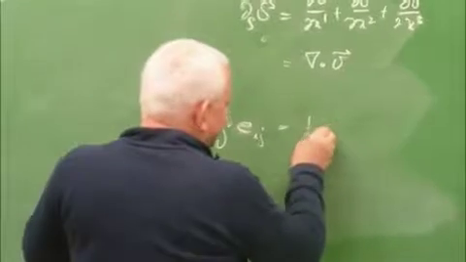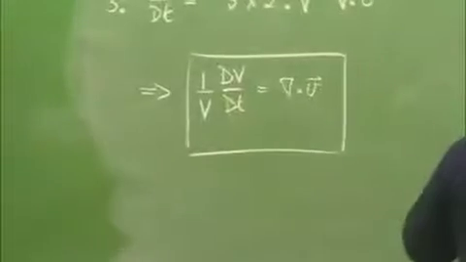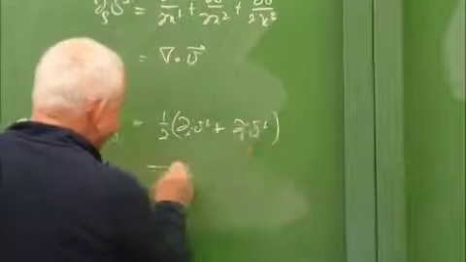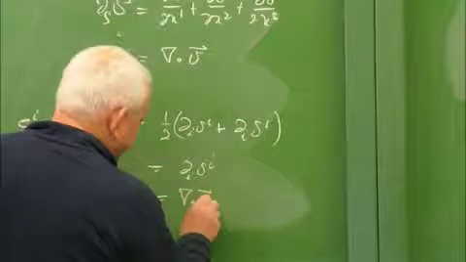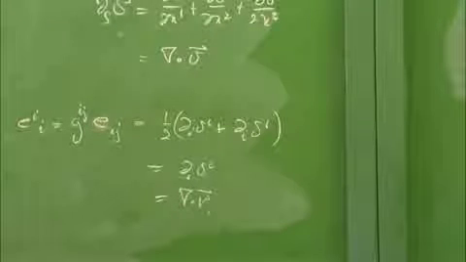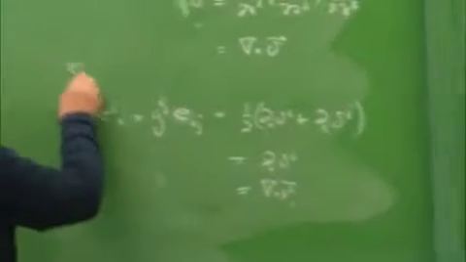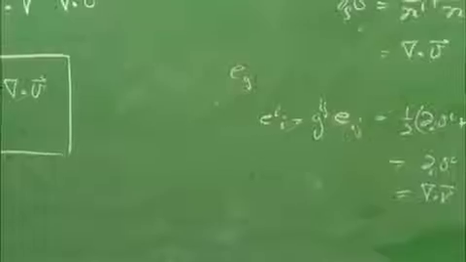Well, it's 1/2 (d_i v_j plus d_j v_i), and so that is d_i v_i, and that is the divergence of v. So what I'm telling you by going through this little exercise is that this volume expansion rate is also completely determined by the tensor e_ij. It's the trace of that tensor.